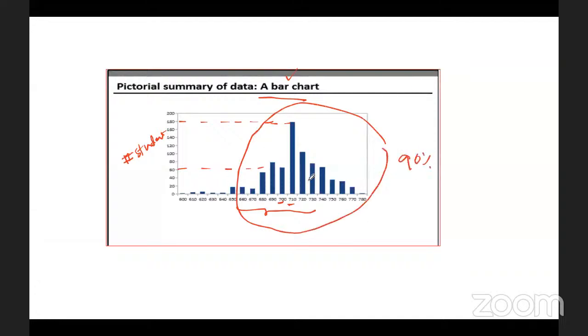Just checking with this graph, we can say that more than 90% of students have got more than 650. And for more than 700, probably 40 to 50%, or more than 50% of students have got more than 700.